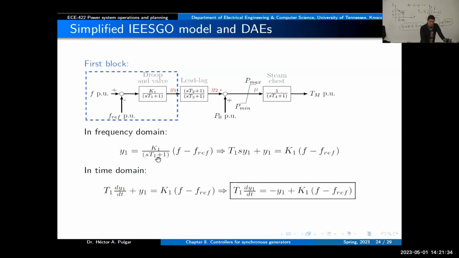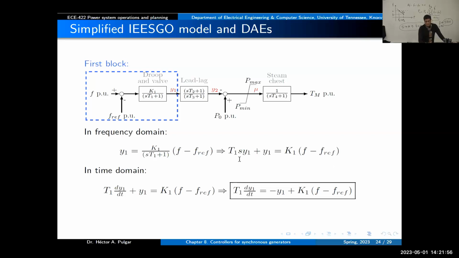So we can take the denominator here and send it to the other side of the equation. So you have S T1 multiplied by Y1 plus Y1. Basically, we have this expression. The Laplace operator is only involved with this term.